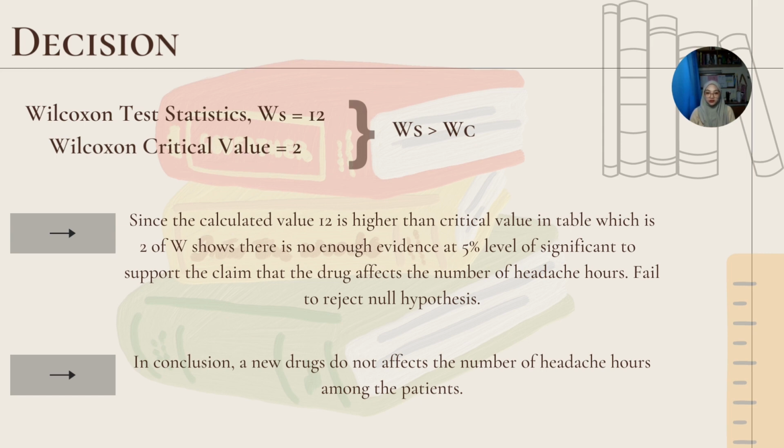Since the calculated value is higher than the critical value, 12 is higher than 2, there is not enough evidence at the 5% level of significance to support the claim that the drug affects the number of headache hours. We fail to reject the null hypothesis. In other words, we say the null hypothesis is accepted. In conclusion, the new drug does not affect the number of headache hours among the patients.